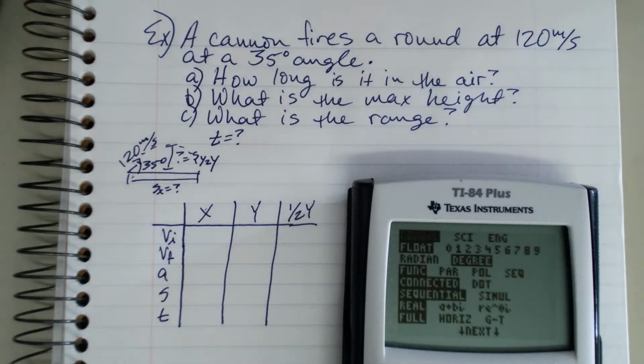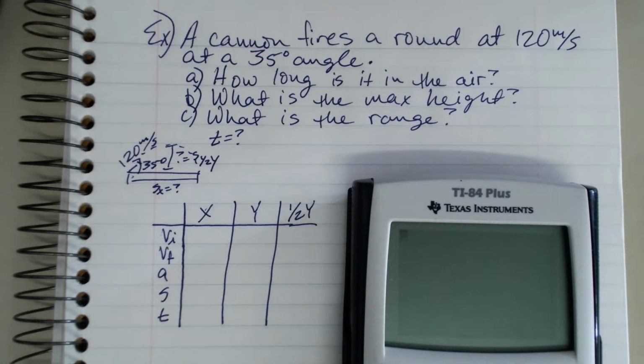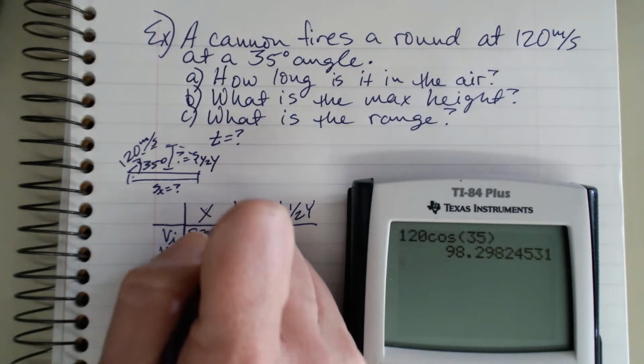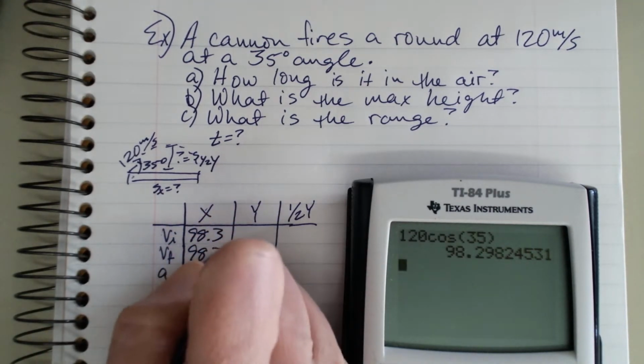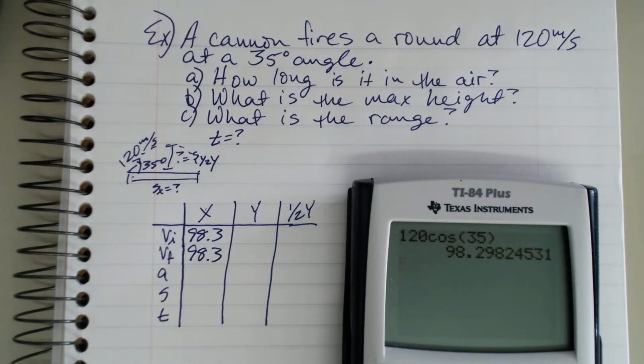First of all, let's check our calculators and make sure they're in degree mode, because this won't work if it's not. So I want VI cosine theta for my VIX and VFX. 120 cosine 35, and I get 98.3. It's close enough, right? So 98.3 for my VIX and my VFX.